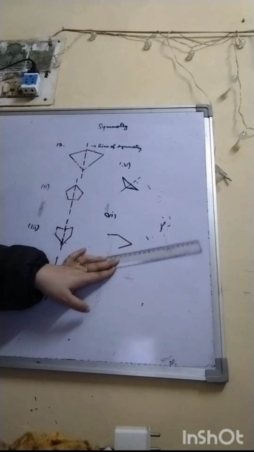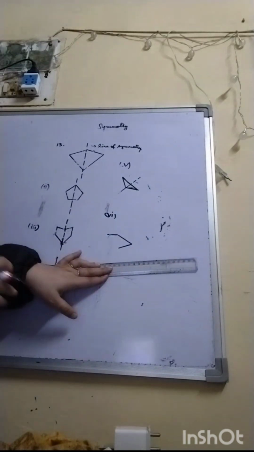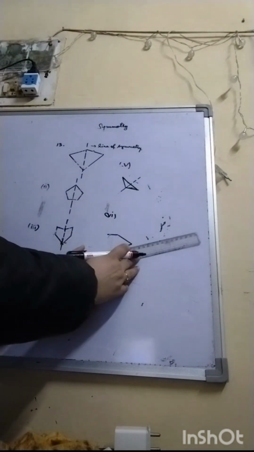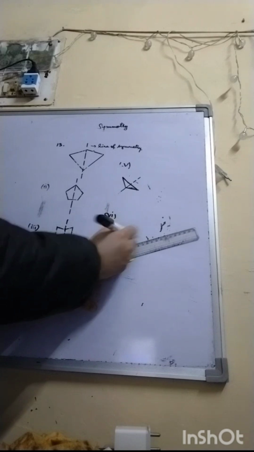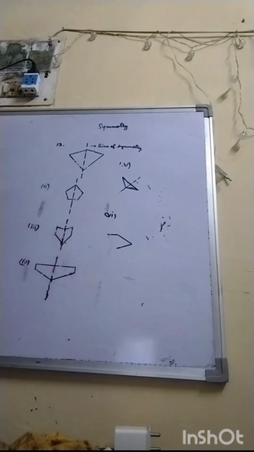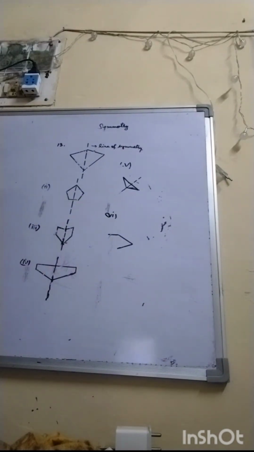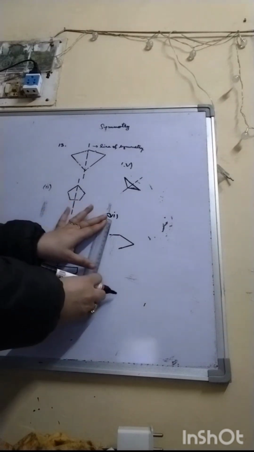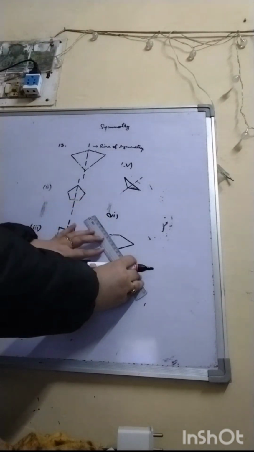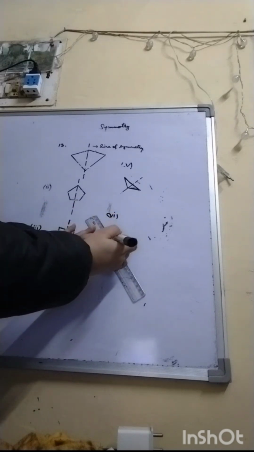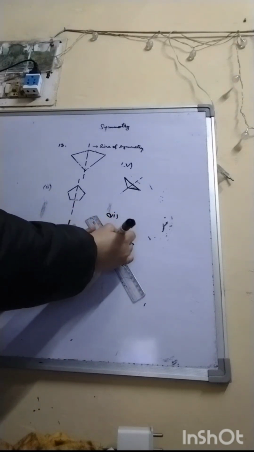Now you have to complete the symmetry. So what would be your line of symmetry in this case? We can make the line of symmetry like here. We can make the line of symmetry here.